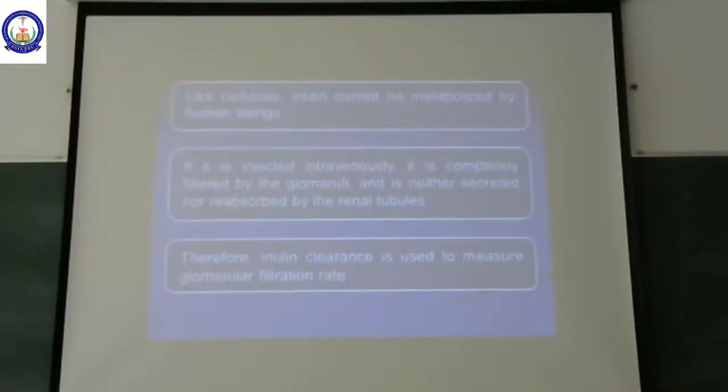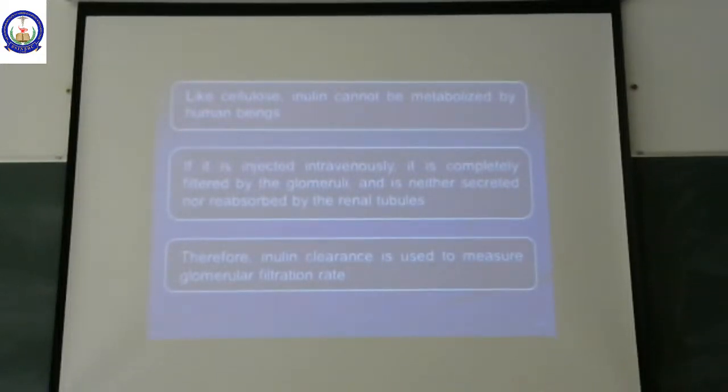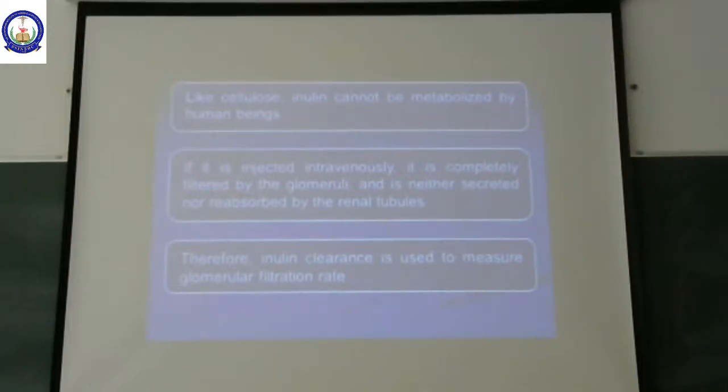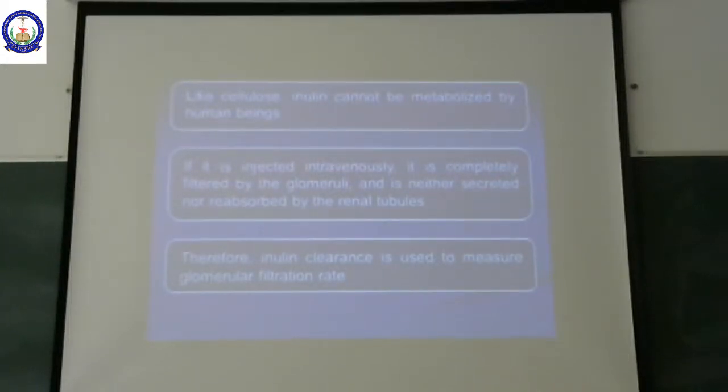Like cellulose, inulin cannot be metabolized by human beings. Cellulose and inulin can't be digested in human beings due to the absence of the enzyme. If inulin is injected intravenously, it is completely filtered by the glomerulus, and it is neither secreted nor reabsorbed by the renal tubules.